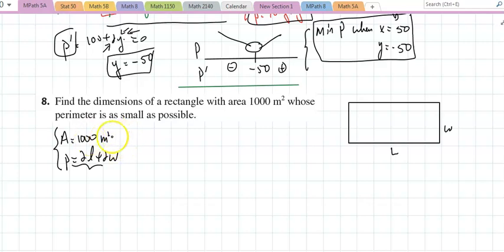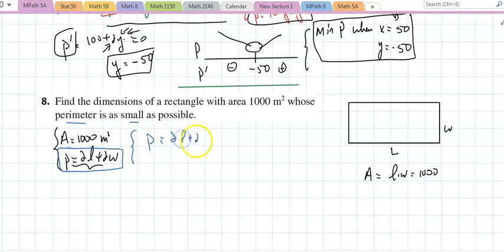If I look at the top, I know what the area is. Area is length times width, and that's 1,000. So I need to get rid of one of those. It doesn't matter which one. Since I want to find a minimum perimeter, I'm going to take the derivative of the perimeter and set it equal to 0 like we did. P equals 2L plus 2W, and instead of W, I'm going to say W is 1,000 over L. Substitute this value right there.